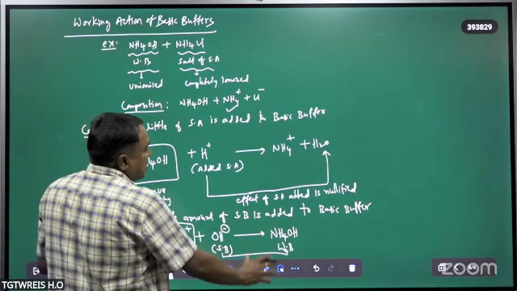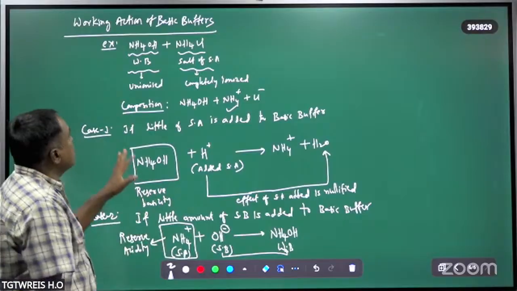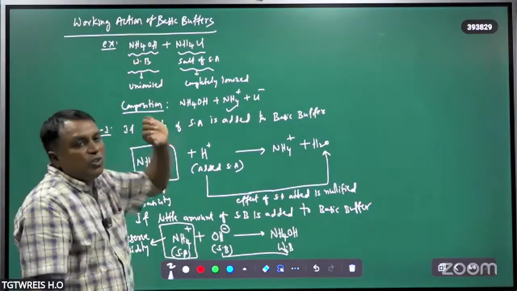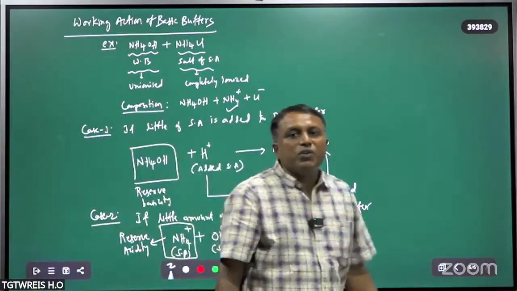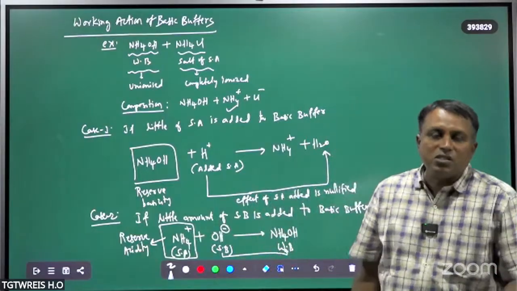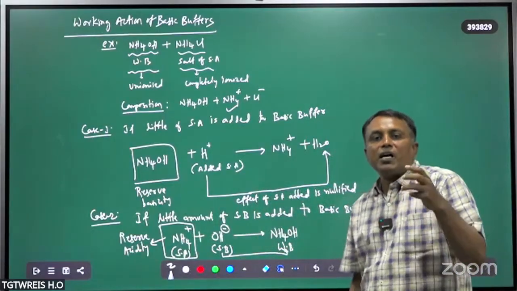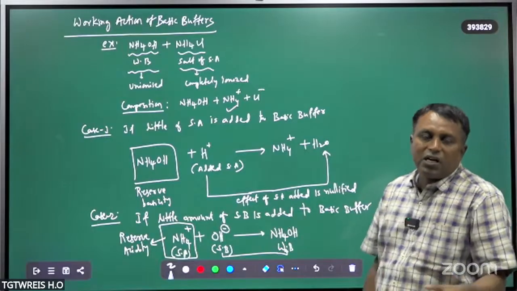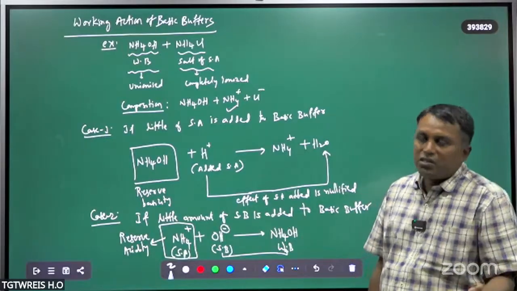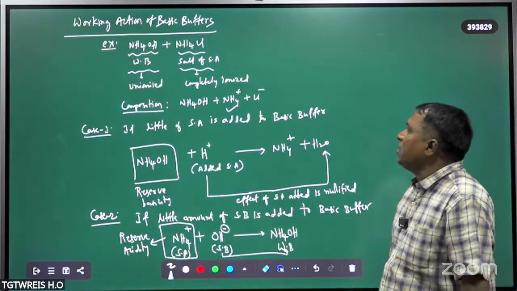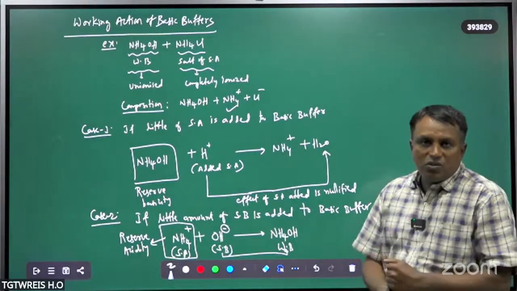Therefore, this ammonium hydroxide and ammonium chloride act as a basic buffer which maintains constant pH on adding a little amount of strong acid or a little amount of strong base. So this is the working action of basic buffer solutions.